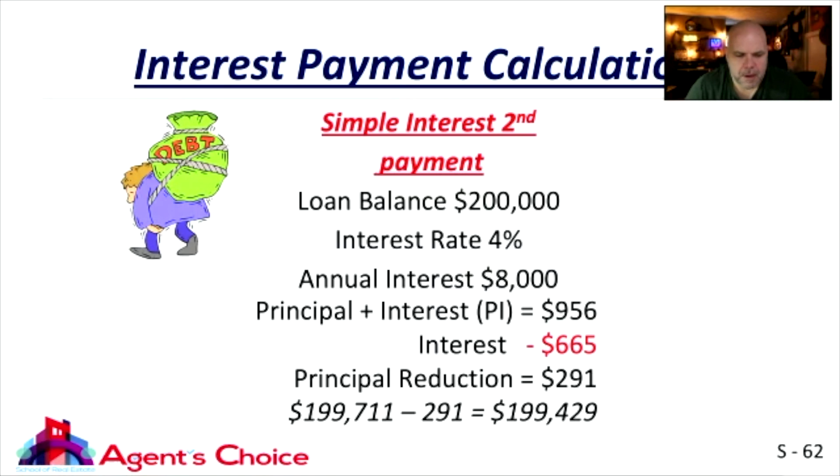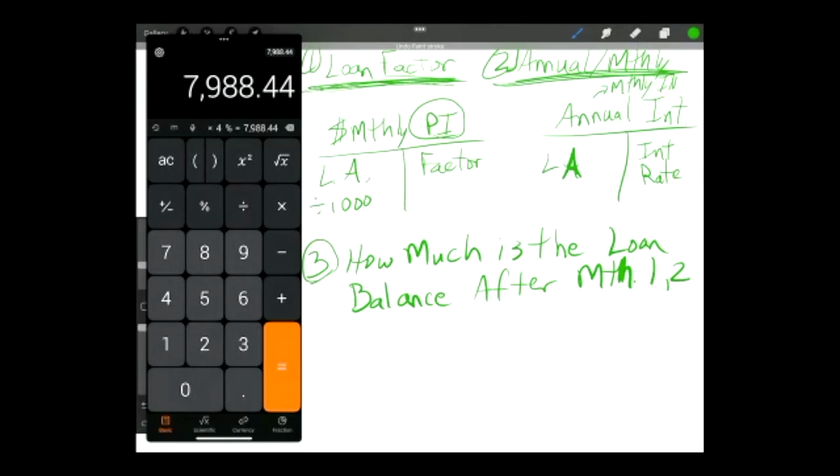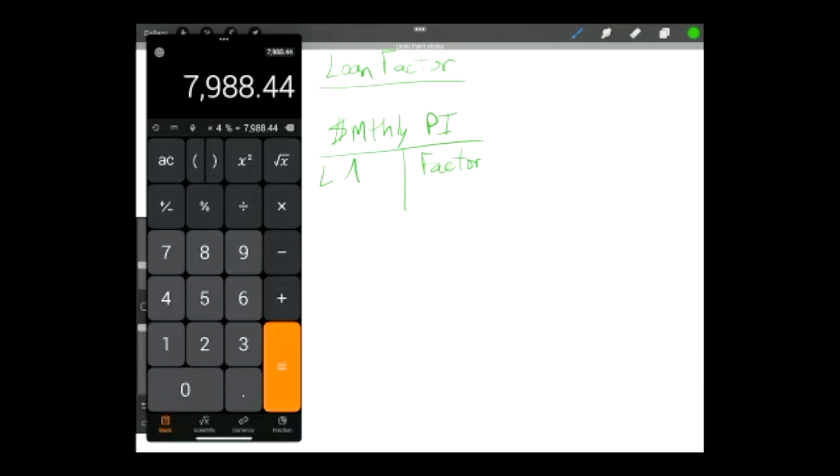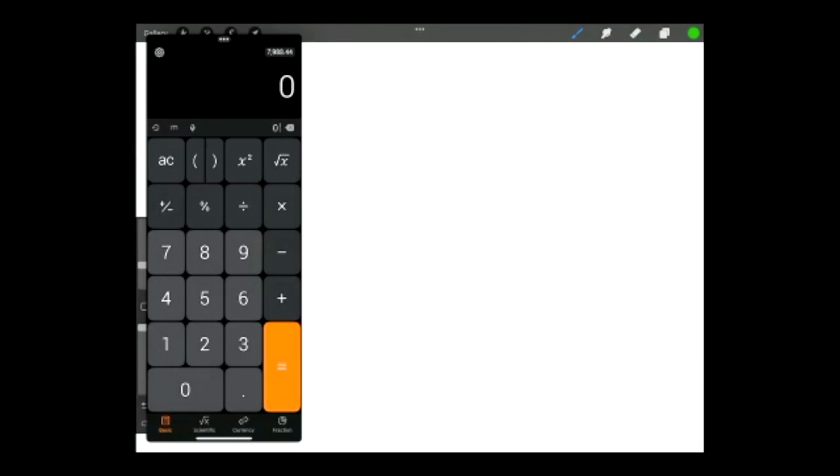So let's make up some numbers here and do one together. All right. What's the loan balance after the second month's payment?